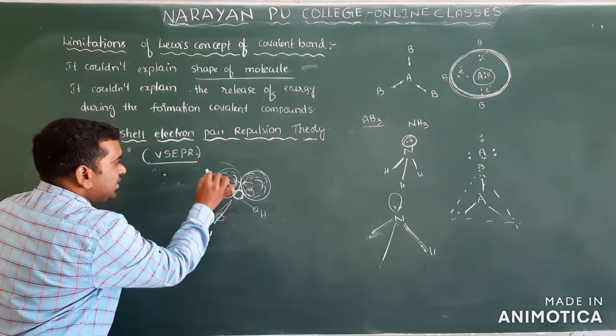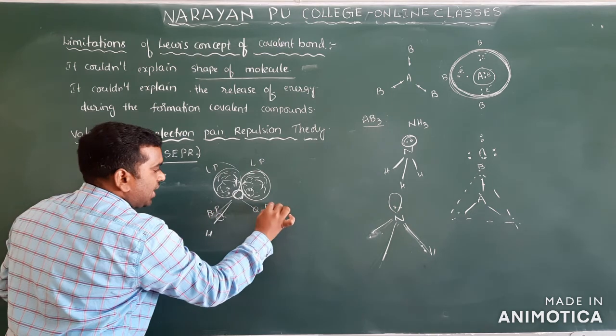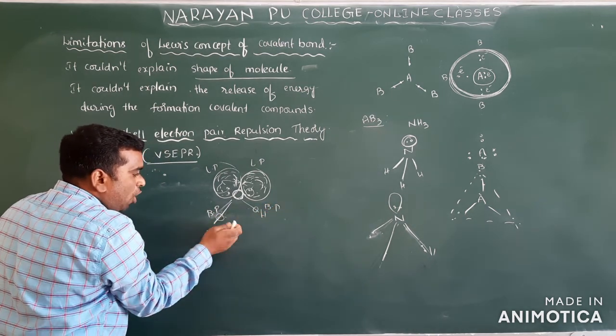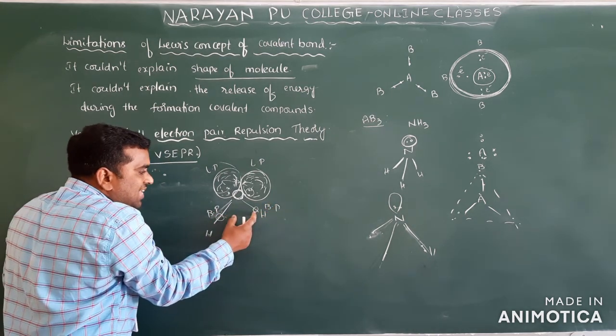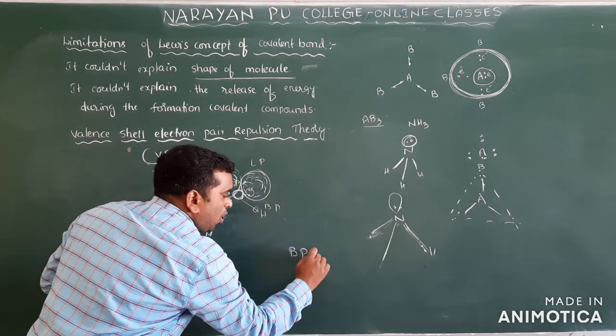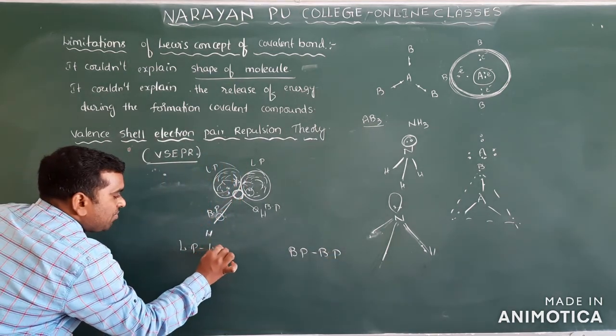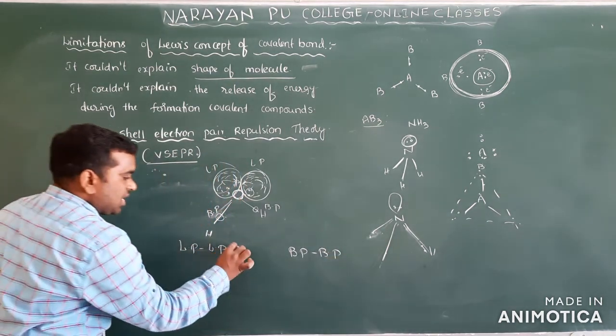So that's why lone pair repulsions are more. And the bond pair occupies less space, and less space means minimum repulsion. So bond pair will have minimum repulsions, and lone pair will have maximum repulsions.